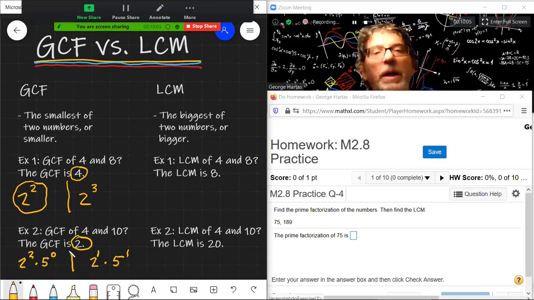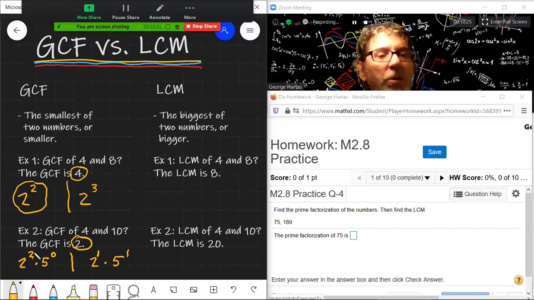But let's use, again, the smallest guideline here. We're going to compare and see which is smaller. Is 2 to the second smaller than 2 to the first power?